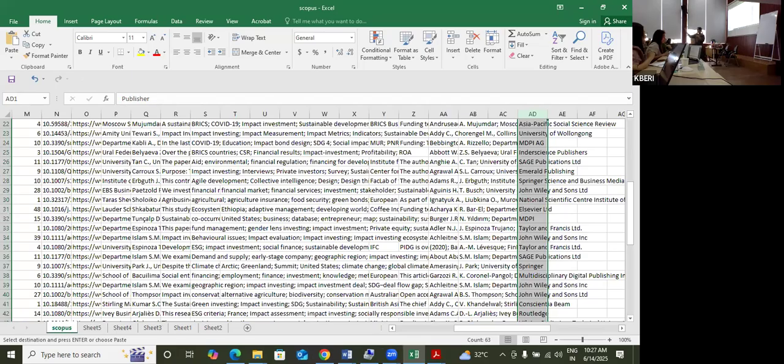But if you're taking from two databases, let's say Scopus and Web of Science, now you have to make a final list by yourself by merging the two databases. Let me repeat what I have said. When I have taken from one database, I can very confidently say this is my final list.